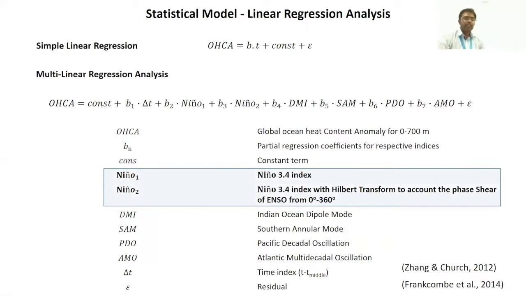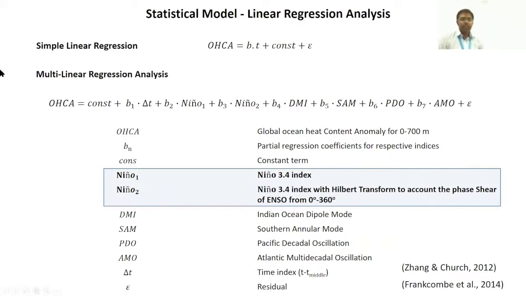So in this analysis, we use two kinds of ENSO indices. NINO1 is the conventional NINO 3.4 index, but NINO2 is the Hilbert transform of the NINO 3.4 index, to accommodate the full share of the ENSO index from 0 to 360 degrees, and this NINO2 index can give you the non-linear coupling between the ocean and atmosphere as well.